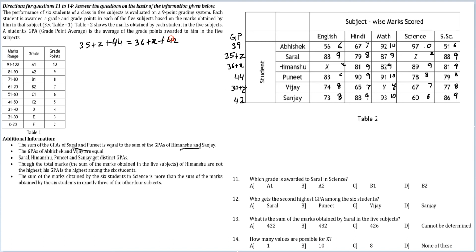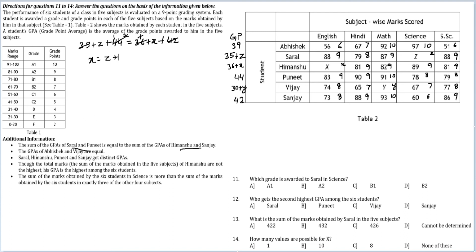Okay, so I can cancel this and this to get 2 here. I can cancel this and this to get 1 here. I can cancel this and this to get 1 here. So X is equal to Z plus 1, which also tells me that Z can take a maximum value of 9, X can take a maximum value of 10. Okay, so Himanshu can go up till a maximum of 46, Saral can go up to a maximum of 44. Okay, wonderful.